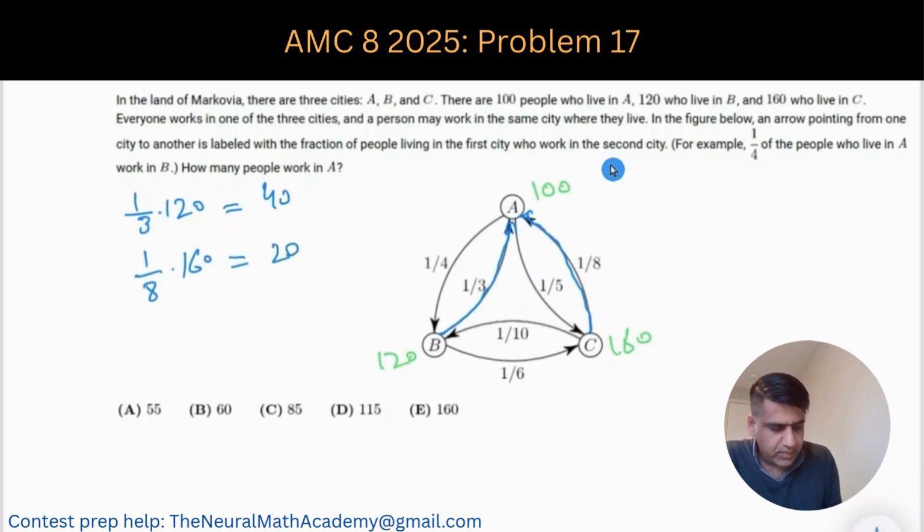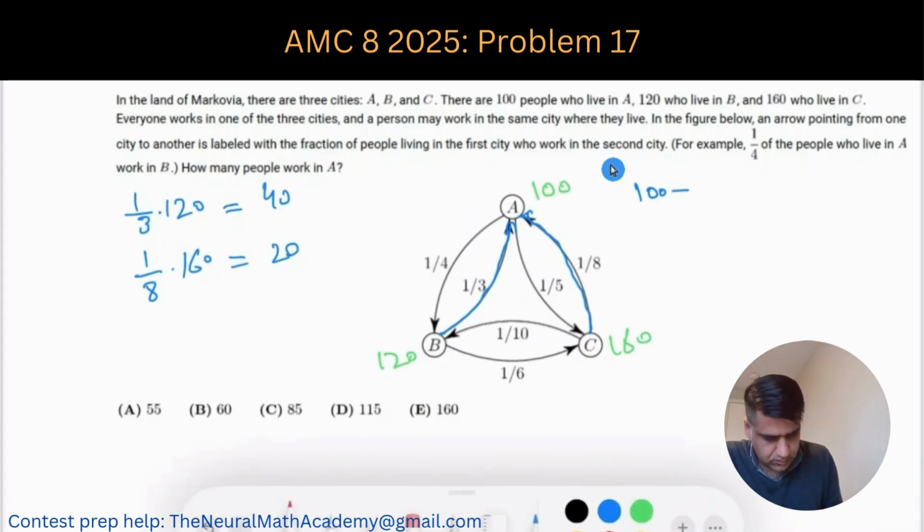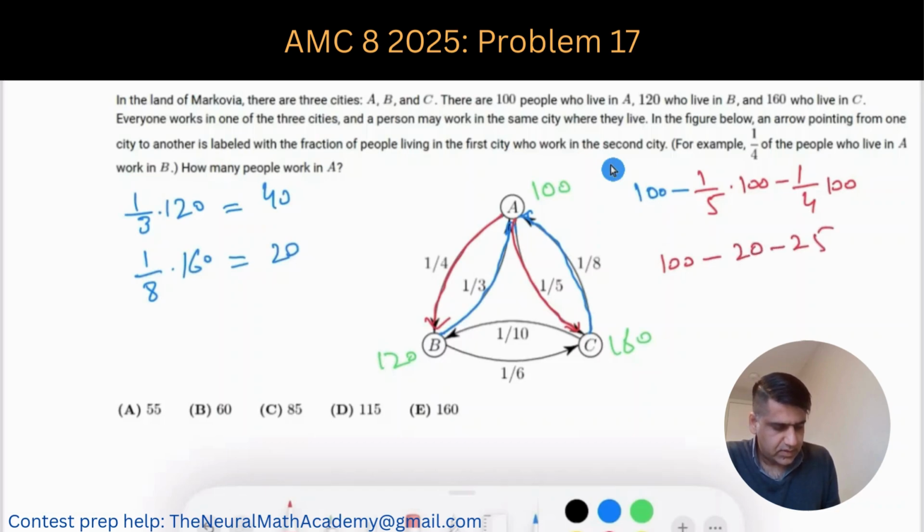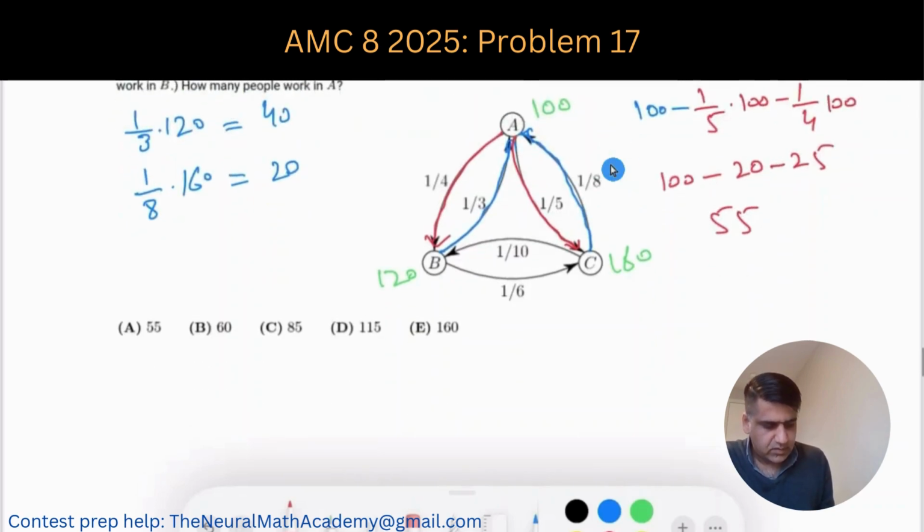And now we need to find how many people work in A and also live in A. So that would be simply 100 minus 1/5 of 100 and minus 1/4 of 100. So if I simplify, I would get 100 minus 20 minus 25. So that would be 55. So now if I add all of that, I get 40 plus 20 plus 55. Then the answer is D.